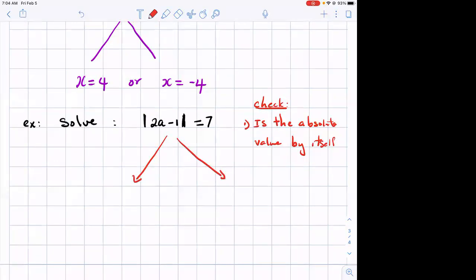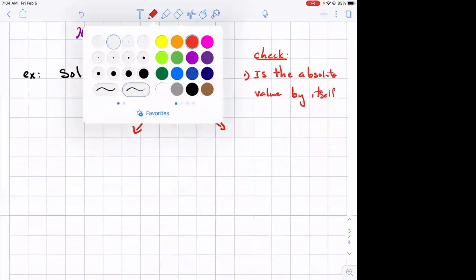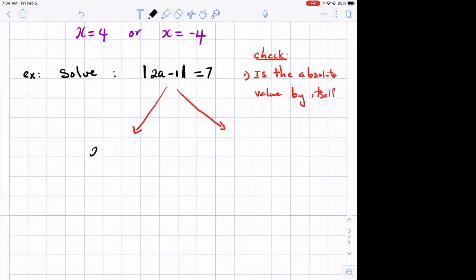And when we split, we have two equations now. These equations are 2a minus 1 equal to 7 and 2a minus 1 equal to minus 7. And you have learned how to solve equations already.